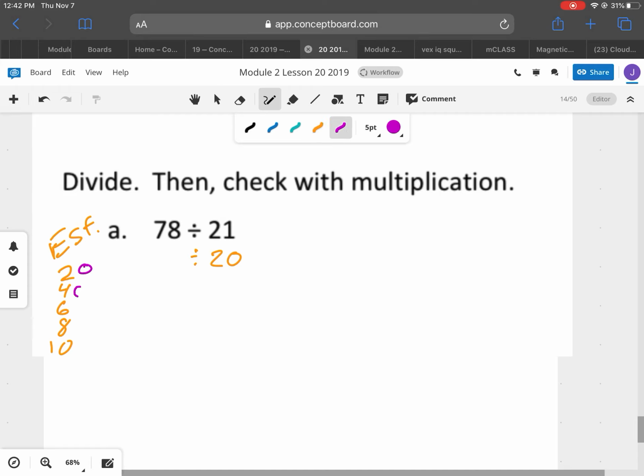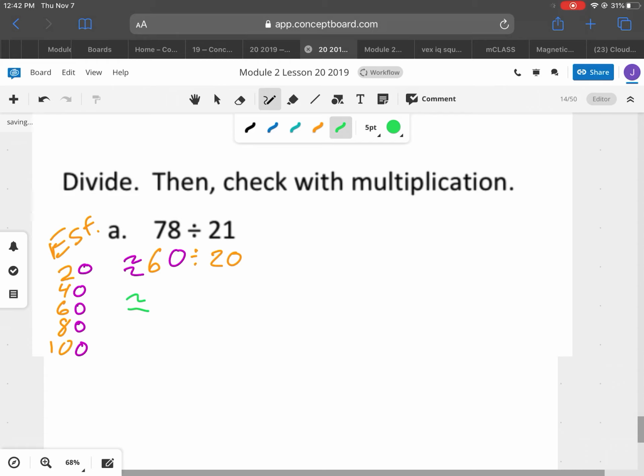So instead of just 2, 4, 6, it's 20, 40, 60, 80, 100. Which one of those is closest to the 78 without going over? Right, it's a 60. If we did the 80, it would be very close, right? You would think, okay, it's close, it's 4. So we could have done that one, and I'll show you how that would look in a little while.